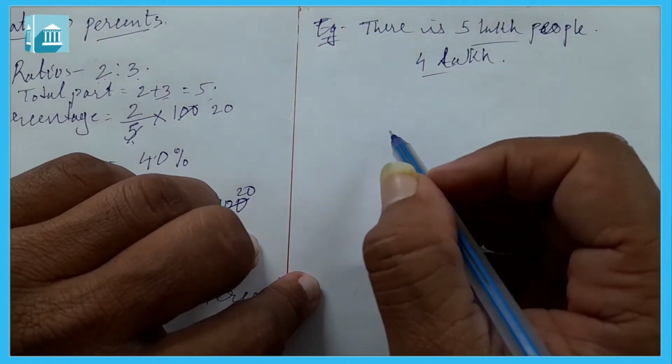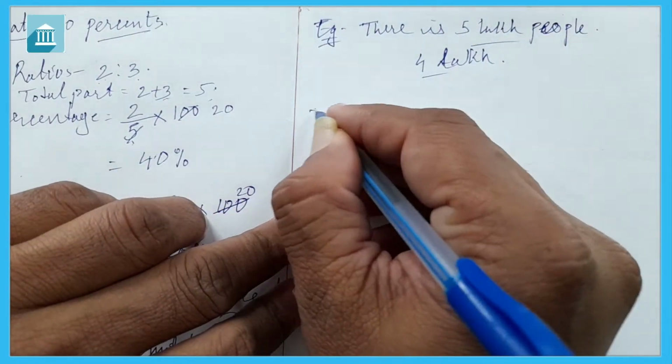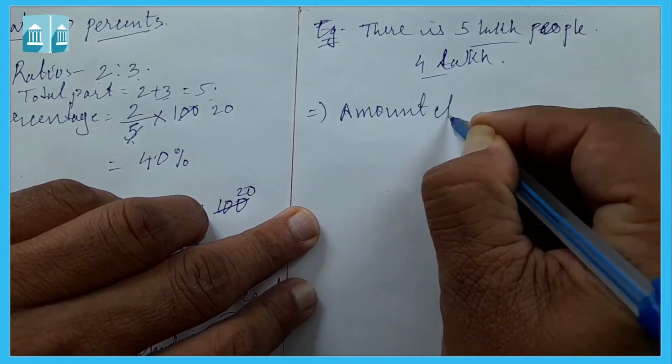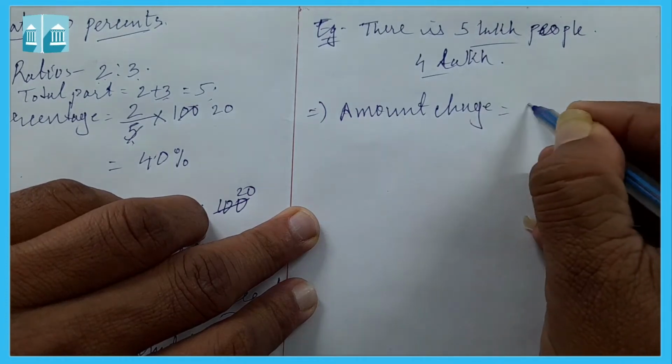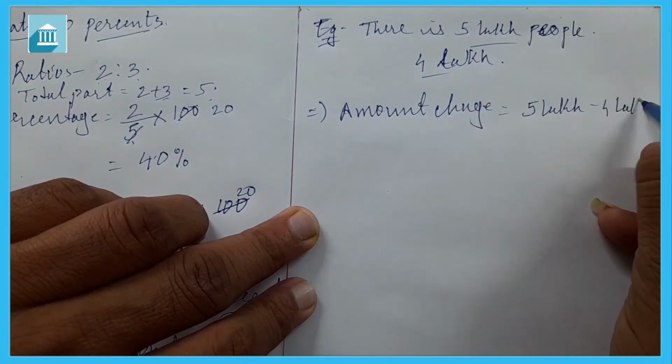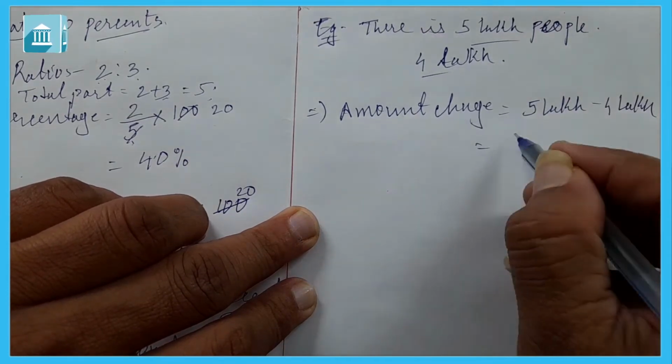So what is the percentage increase? First we have to find out the amount of change. Amount of change is equal to 5 lakh minus 4 lakh, which is equal to 1 lakh.